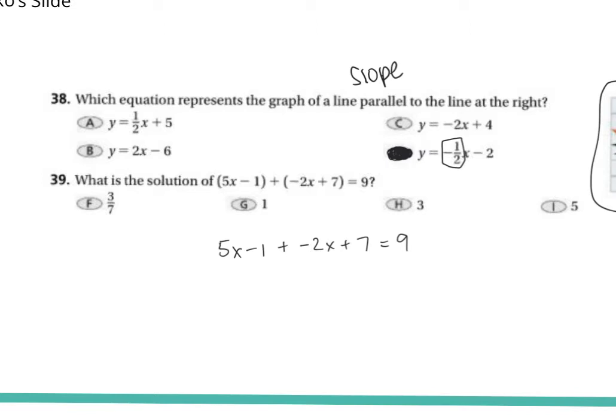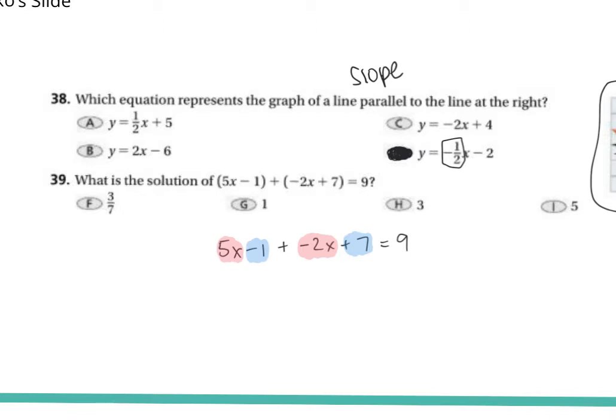Now on the left side, can we combine anything? Good, the x's. So the 5x and the -2x. What else can we combine? The 7 and minus 1.